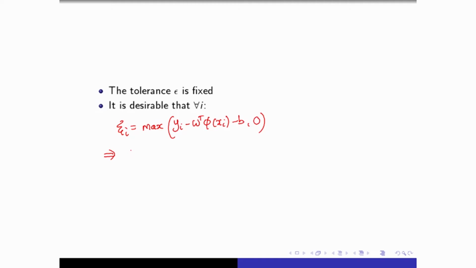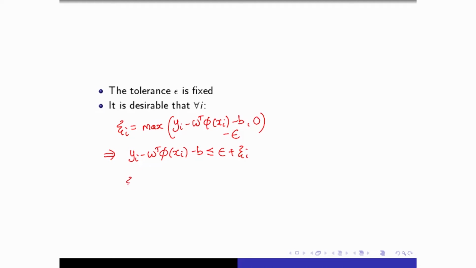Well, this means that yi minus w transpose phi of xi minus b, I need to introduce an epsilon band as well, should be less than or equal to epsilon plus xi.